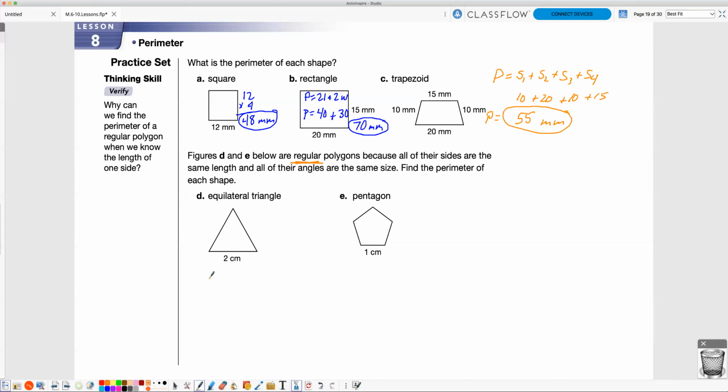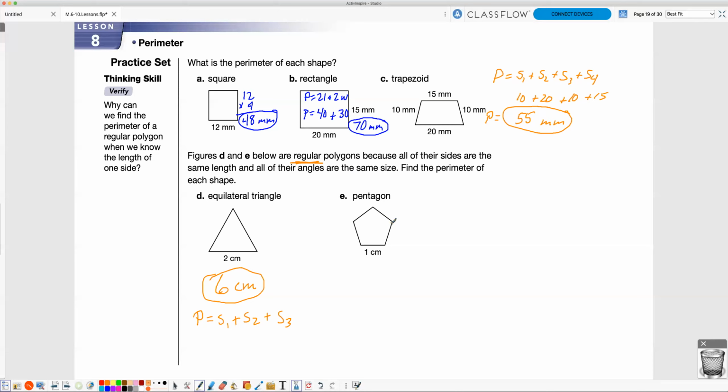The perimeter of that equilateral triangle should have been 6 centimeters. How do you know that? Because the perimeter of a triangle is simply side 1 plus side 2 plus side 3, and in this case, it'd be 2, 4, 6. So 6 centimeters. On letter E, a pentagon, it's a 5-sided figure.